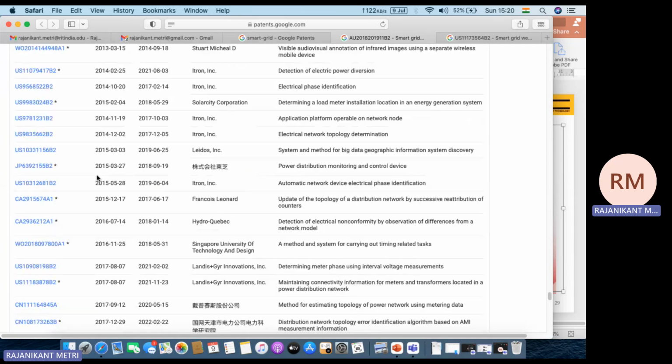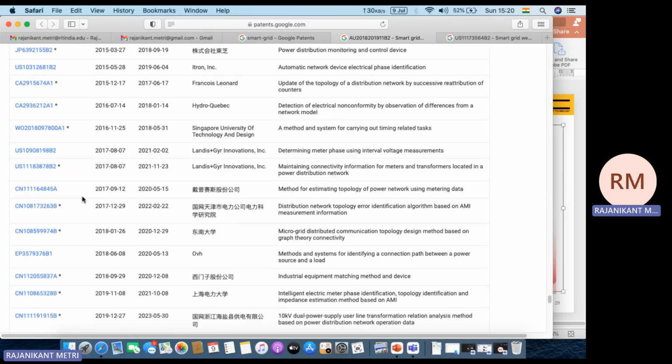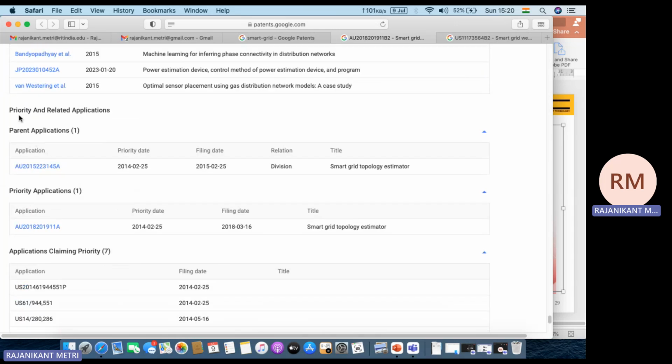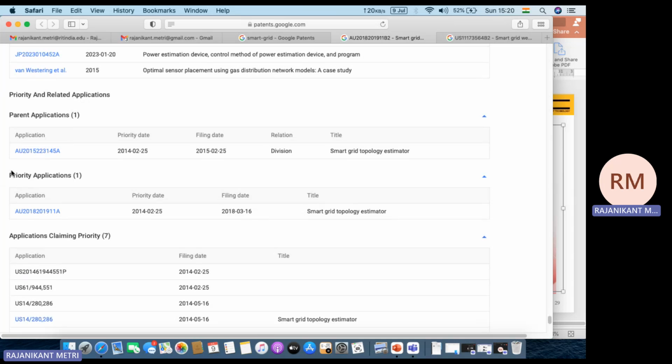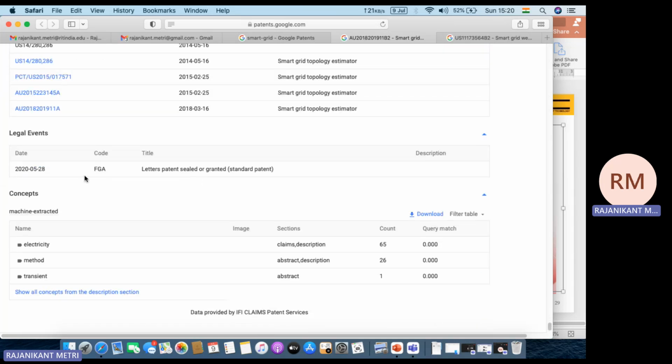This is like a reference section in an article, and those who have cited this patent are also given here. Similar documents, then other information like parent applications, priority applications, legal events.